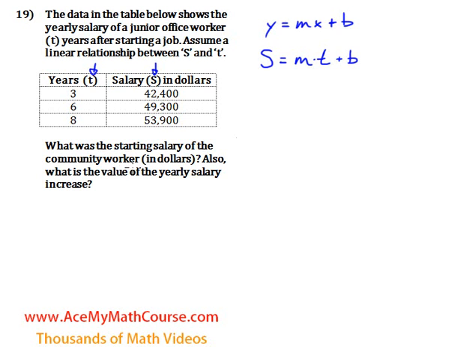Well, at year 0, when t is 0, we would have S equals B, right? Because 0 times M is 0 plus B is B, so S equals B. So our S-intercept in this case will represent the starting salary of the community worker.